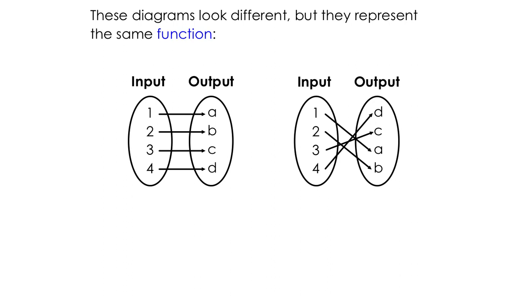That doesn't really matter as long as your lines are written in the correct way. Each input maps onto the correct output. So both of these mapping diagrams represent the same function.